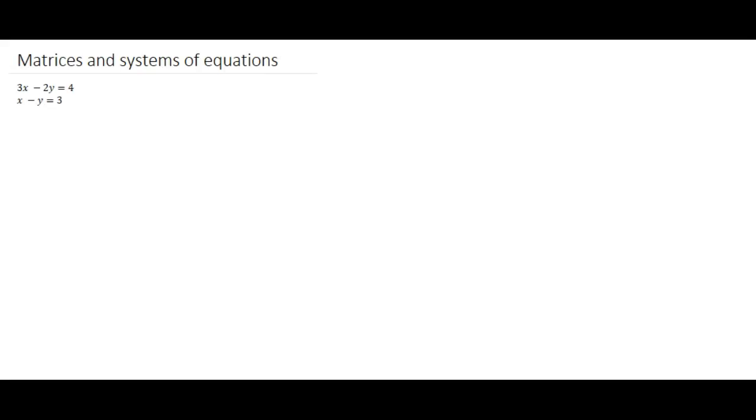So first of all, I have to turn my system of equations into a matrix. The way that's going to work is the matrix will have one row for each equation. So in my 2 by 2 system here, I'll have 2 rows, one for each equation, and then it'll have a column for each variable along with a column for the constants.